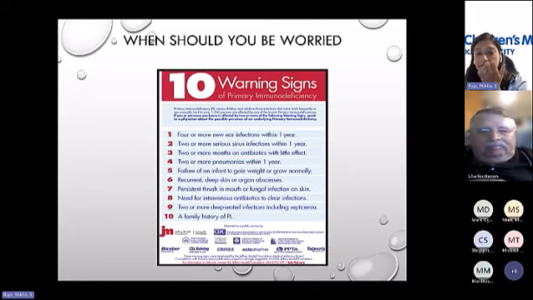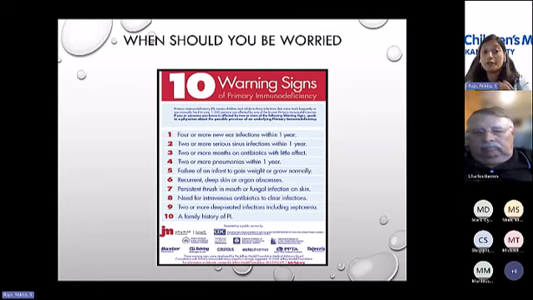And so we have these 10 warning signs that were explained by the Jeffrey Modell Foundation. It is a foundation that does a lot of advocacy around immunodeficiencies, and they came up with these 10 warning signs so that providers, general physicians know when to think about immunodeficiency and send those patients to us.